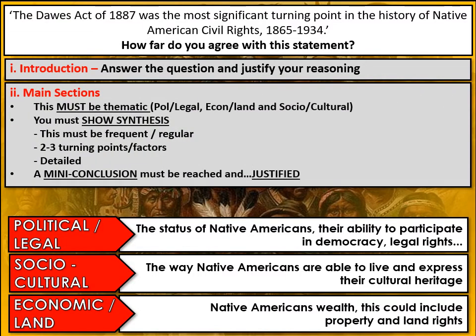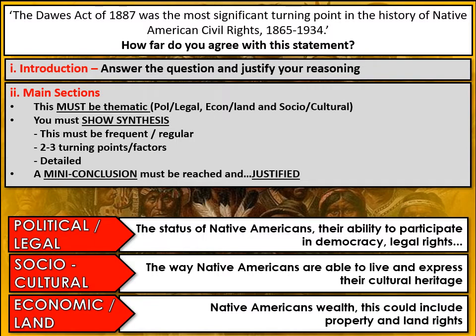Once you've done that, you know that there are main sections that need to be included, and you're likely to have 3 based on each of our turning points. And you must show synthesis. And the mark scheme says you must have fully developed synthesis to get a level 6 response, the top level.